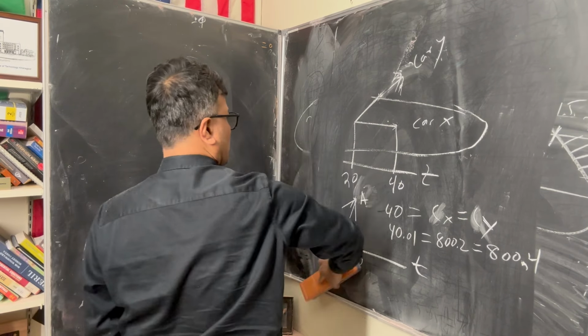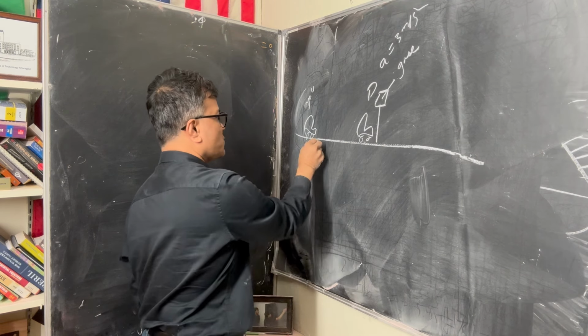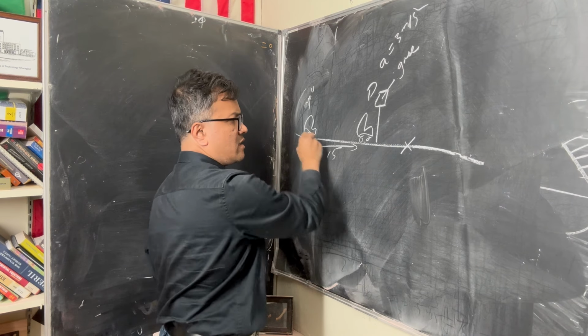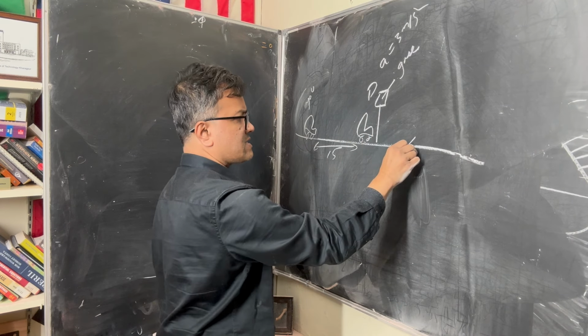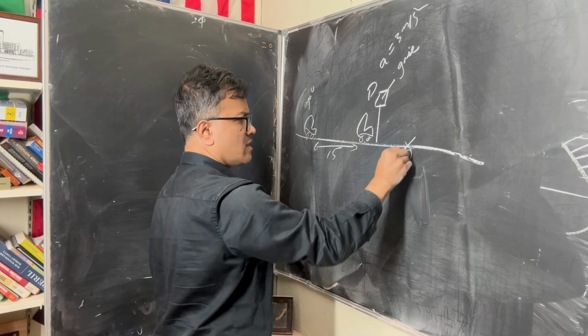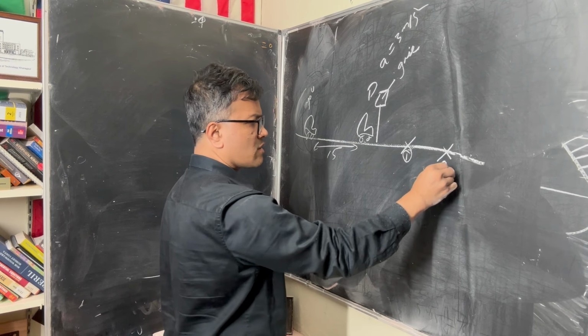Red light. When red turns green, then this one accelerates with 3 meter per second squared, and this one is 15 meter behind. You pass the Porsche at location 1, but the Porsche passes you at location 2.